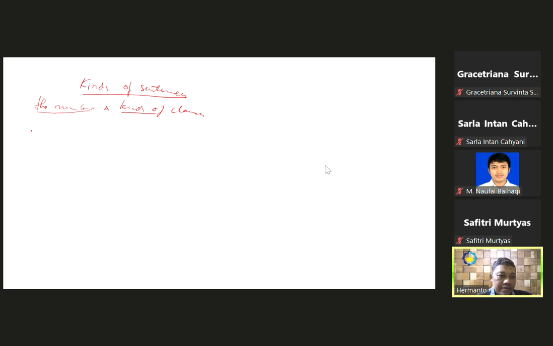So in these kinds of sentences, number one is simple sentence. What is a simple sentence? As you learned in unit 1 or meeting 1, a simple sentence is a sentence which has only one clause.